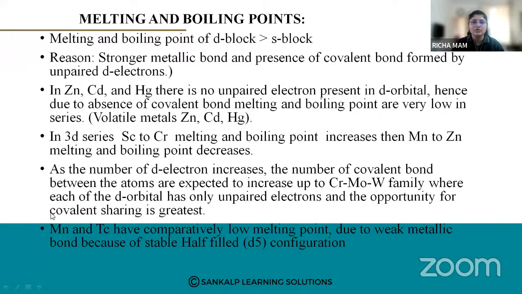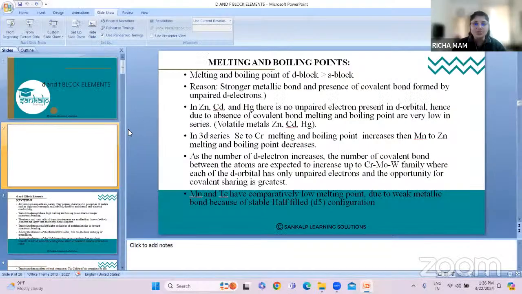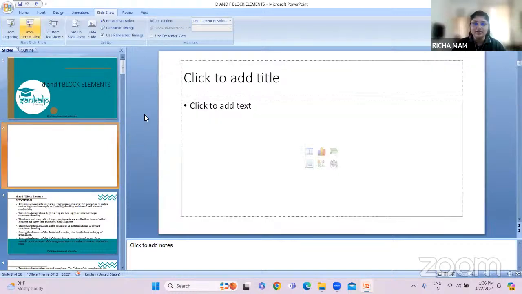You know that the nucleus is in the center and consists of the positive charge, which is the protons. Then around this nucleus, the electrons are revolving in the form of orbits. These are the different subshells: s, p, d, f.